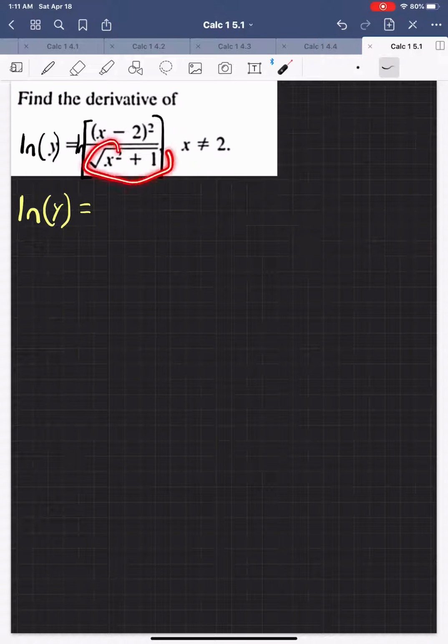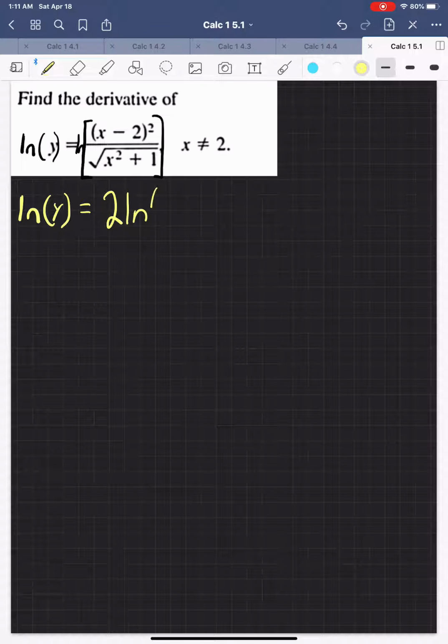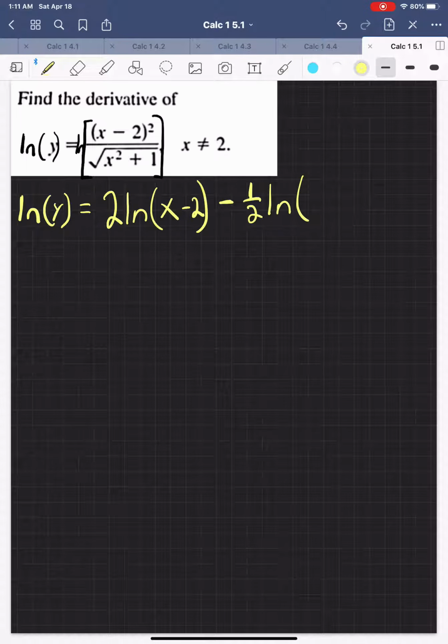You got to turn that into a fractional exponent. So please just allow me to rewrite this. So this would be 2 ln of x minus 2, minus 1/2 ln of x squared plus 1.